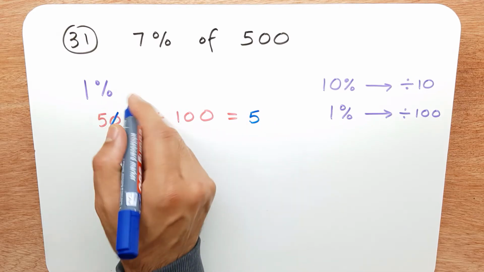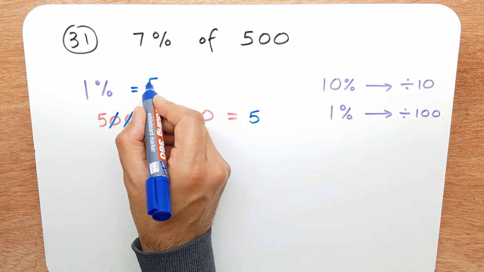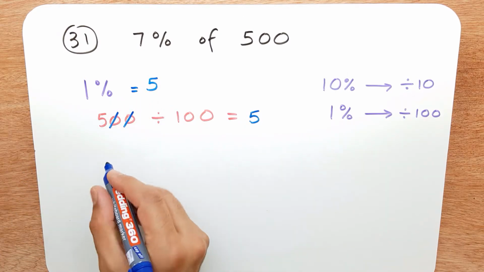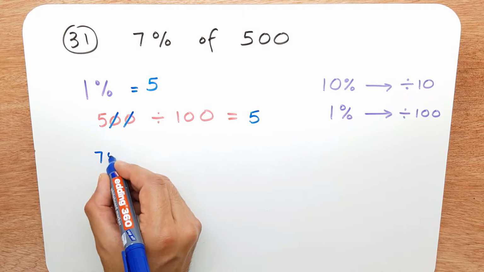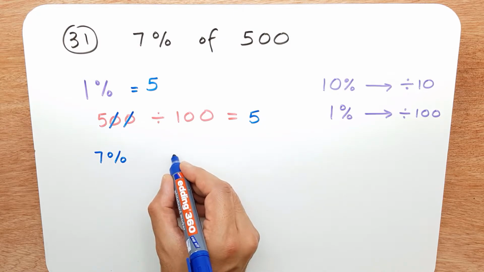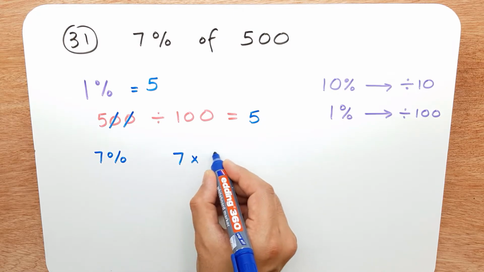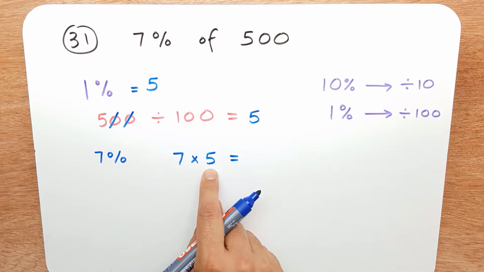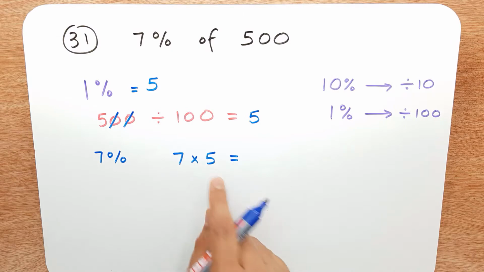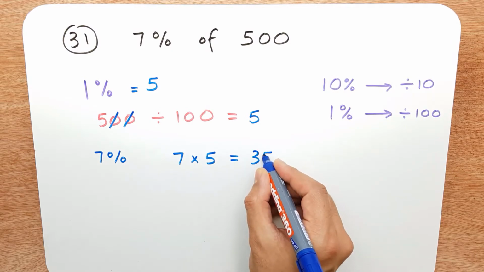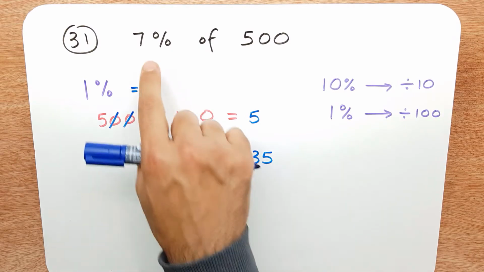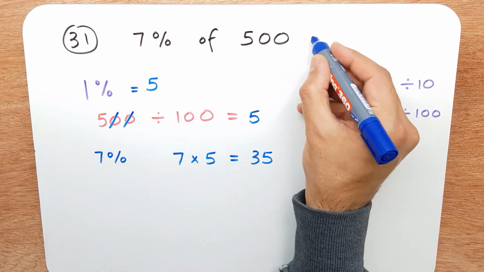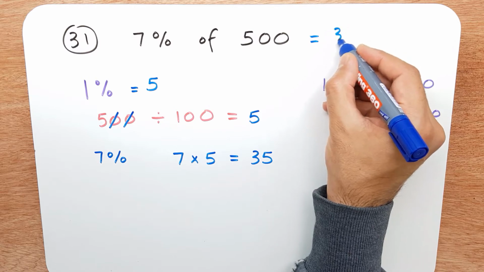So 1% equals 5. If 1% is 5, 7% will be 7 times 5. And 7 times 5, if we do our 5 times table, is 35. So 7% of 500 equals 35.